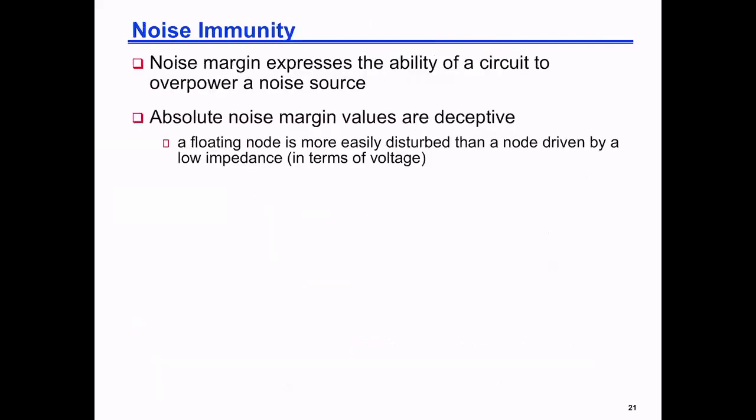Great. So now we've learned about all of this, but in real life or in practice, the noise margin really tells me how much I can overpower a noise source, but the real values can be deceptive. I'm going to ask you this question.